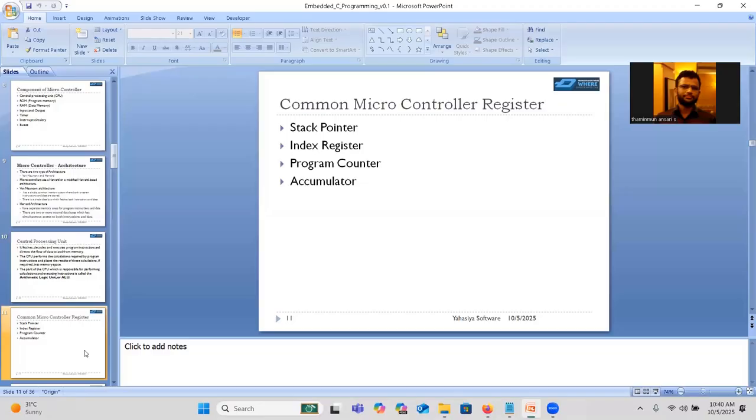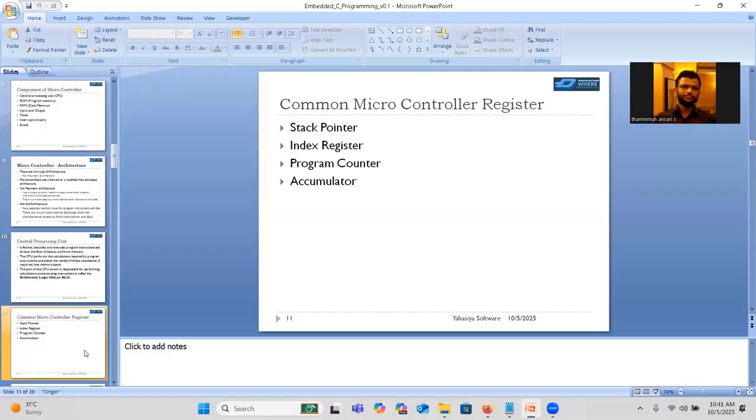What is the stack pointer? I told you that part of the RAM is taken and used as stack memory. The stack memory follows the concept of LIFO, last in, first out. It is a memory frequently used as volatile memory to store temporary variables.